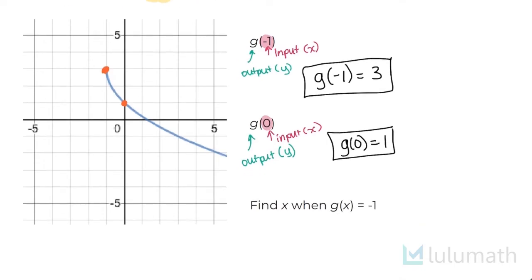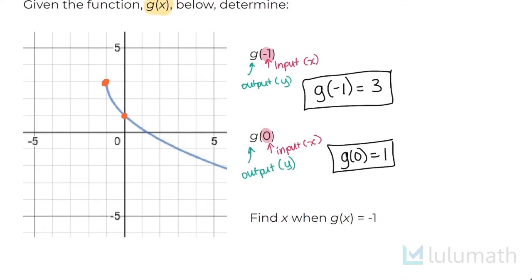And then in our last example, we want to find x when g of x is equal to negative 1. So this time we are told what g of x is, and that's negative 1. We're told that our output, or our y value, is negative 1. And we're trying to find our input. So this is the unknown.